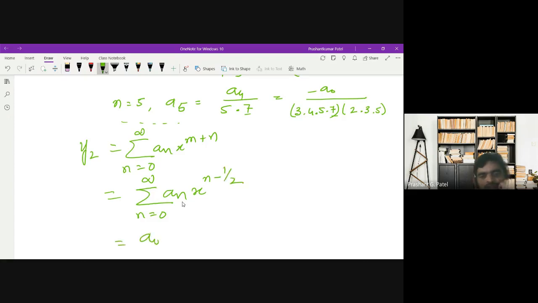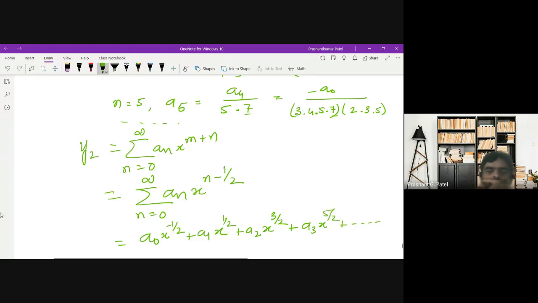So this is a0 x raised to minus 1 by 2 plus a1 x raised to 1 minus 1 by 2, that is 1 by 2, plus a2 x raised to 2 minus 1 by 2, that is 3 by 2, a3 x raised to 3 minus 1 by 2, that is 5 by 2, and so on.